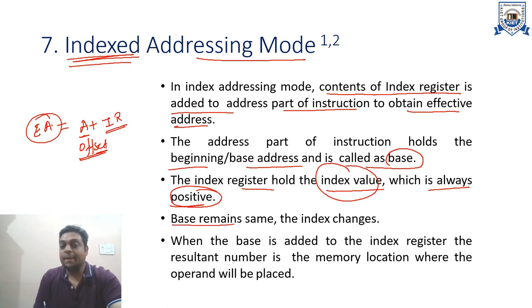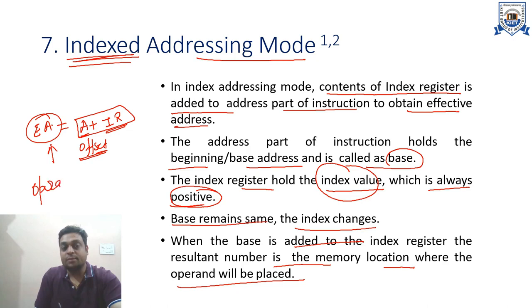Base remains the same, only index will change. When the base is added to the index register, the resultant number is the memory location where the operand is placed. Means after this calculation, we will get the effective address and on this the operand is placed.